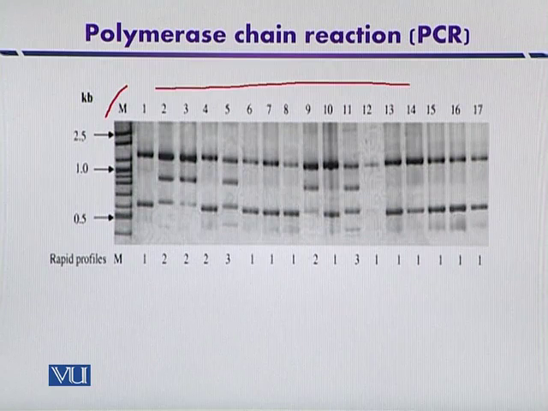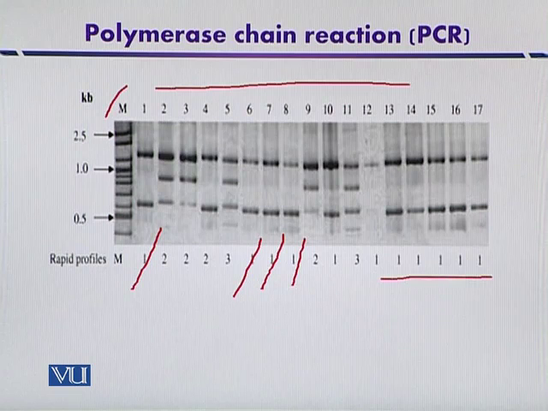For example, here at the lower side of the gel, the number 1 pattern is the same in most of the cases. It indicates that mainly 2 bands are detected, here and here, and on the left side here and here. So mainly 2 bands are detected or separated on the gel.